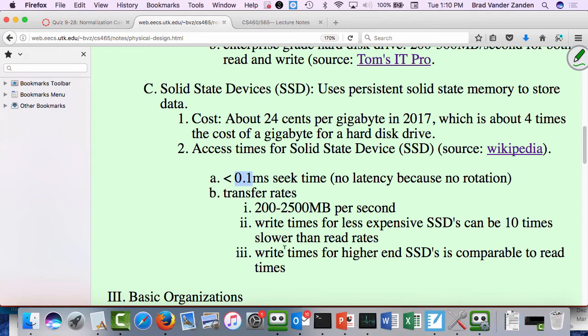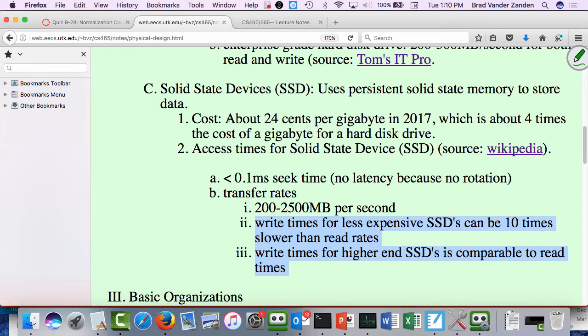Now, write times are a little different. Write times for less expensive SSDs, like the ones in your laptops, can be actually significantly slower than the read rates, up to 10 times slower. I don't know exactly what it is in mine. For higher end SSDs, such as the ones you would find in a database, the write times will be comparable to the read times, but you'll pay for that.